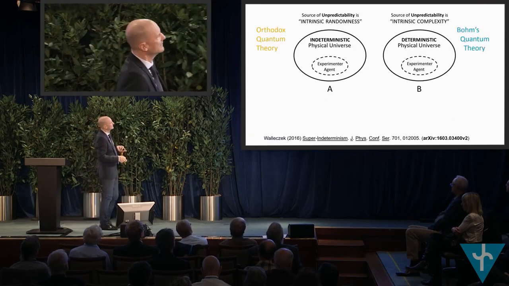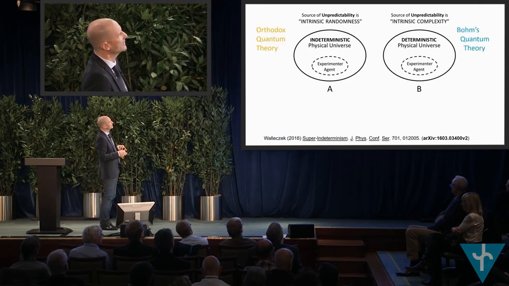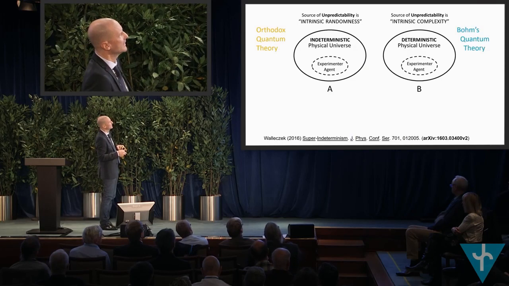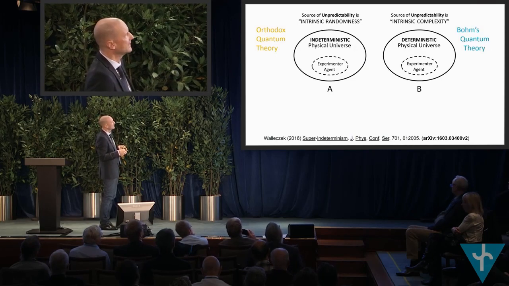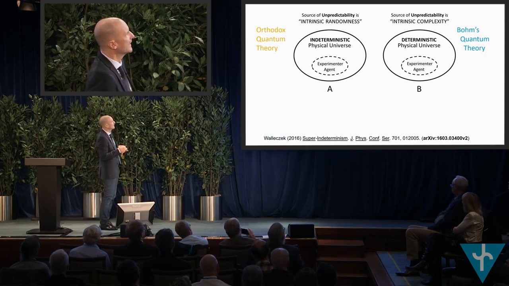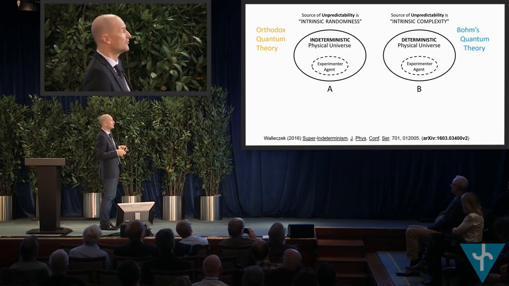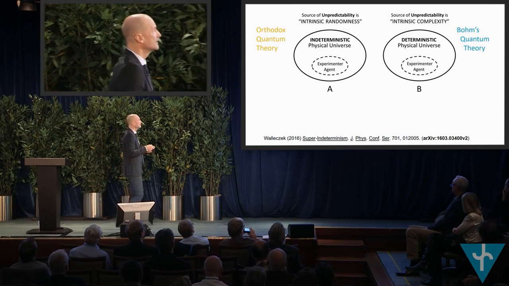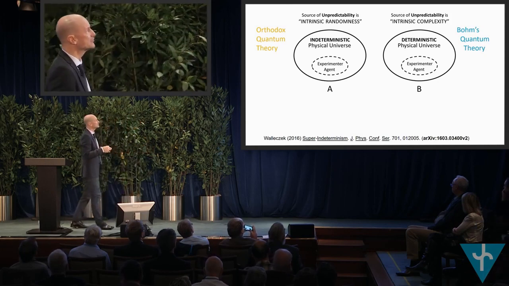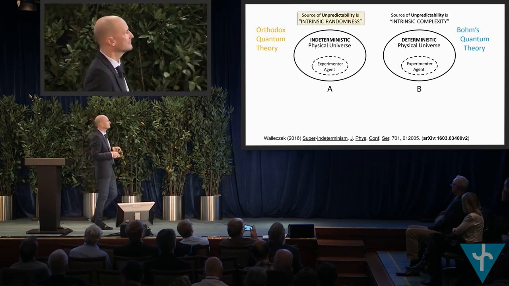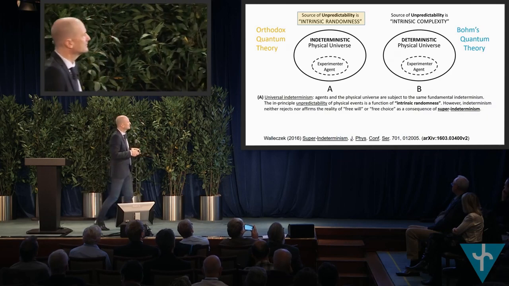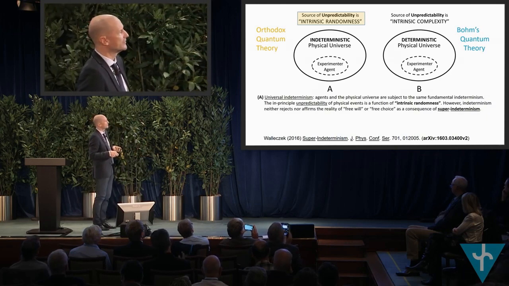In orthodox quantum theory, if you now include the agent in the universe, you have an agent-universe relationship. And in the orthodox approach, and also in the axiomatic approach of Bell 1964, the source of the unpredictability is intrinsic randomness, objective chance. You might call this universal indeterminism.